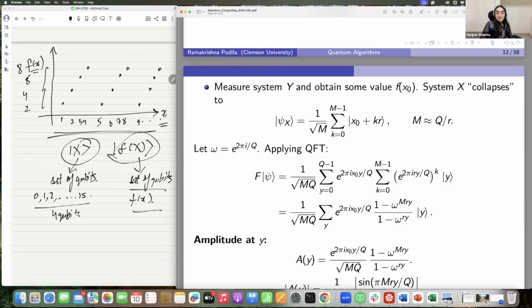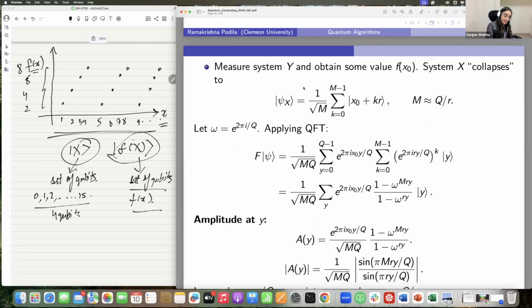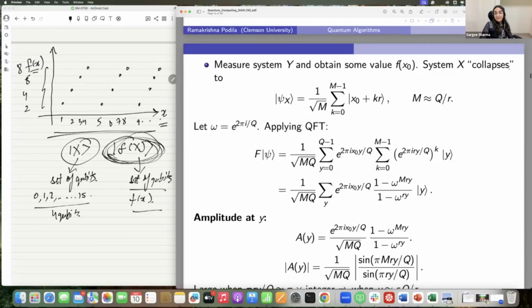Now I measure the system y, the second system, which has encoded f of x. In the Copenhagen way of calling it, the system x then collapses. Let's say I measure this system and I get an output 4.